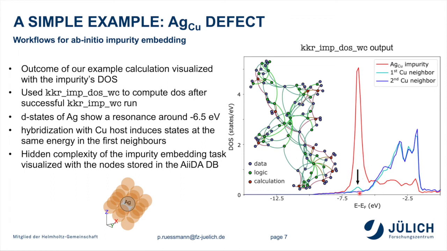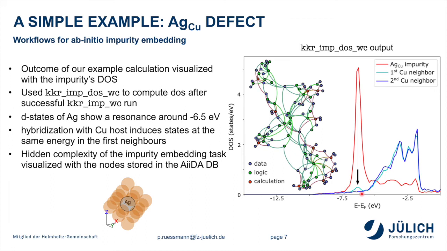And the blue lines here are the first and second copper neighbor in the crystal. And you can clearly see that here in the first copper neighbors around the silver impurity, there's a strong hybridization in the electronic structure, and this leads to the appearance of this peak that is absent then for further distances from the impurity.